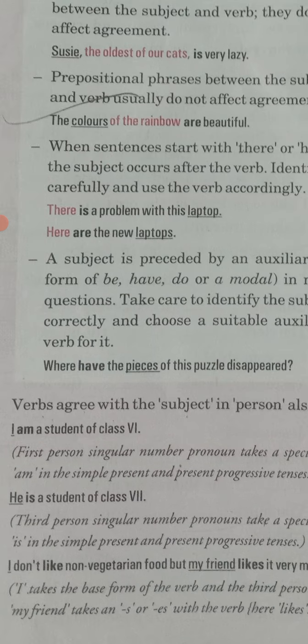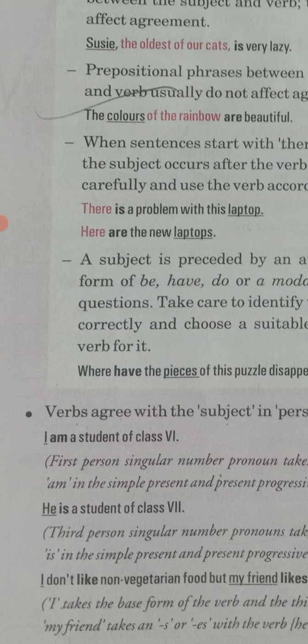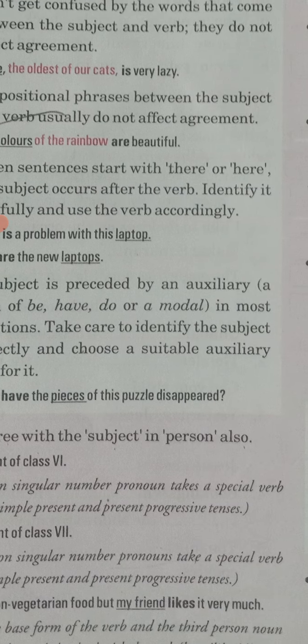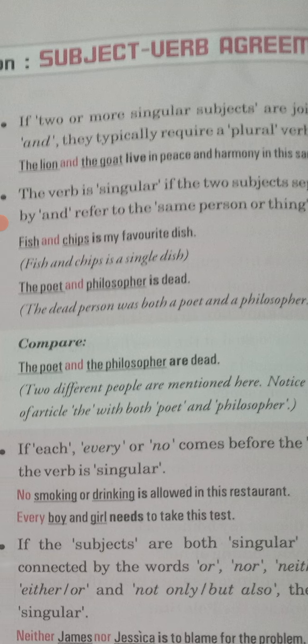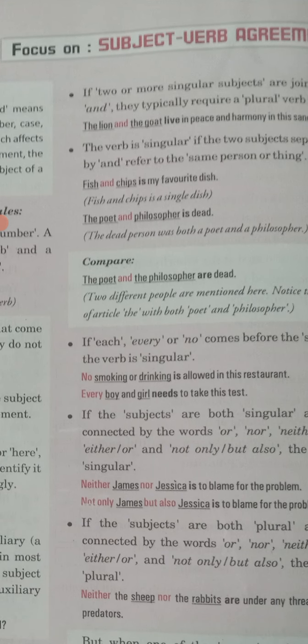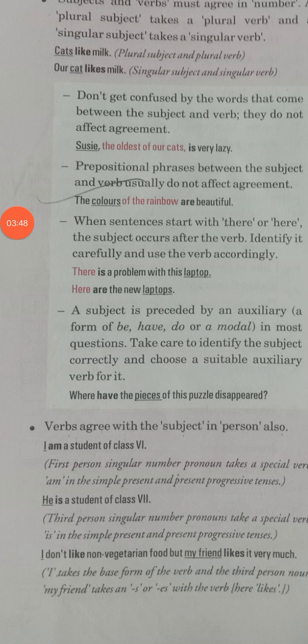Like the examples, with I, the verb will be am, it's singular. With he, which is the third person but a singular subject, we will use is. And here you can see in the last sentence, I don't like non-vegetarian food but my friend, so my friend, again a singular.